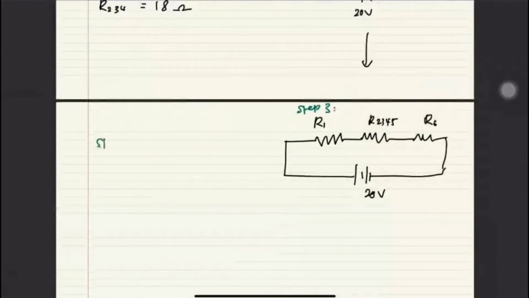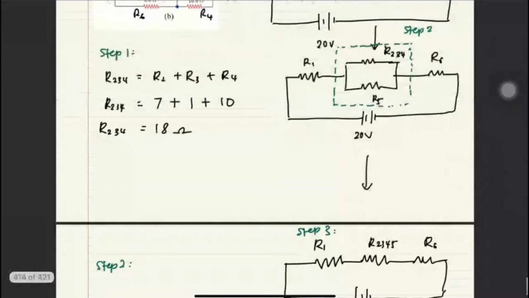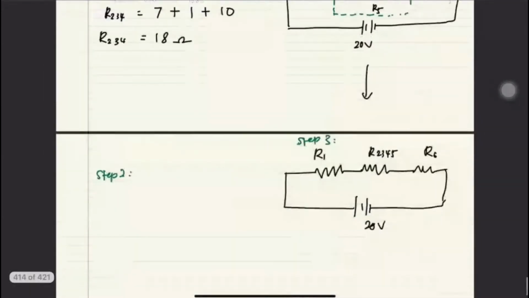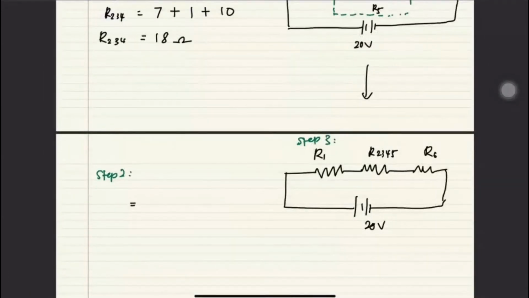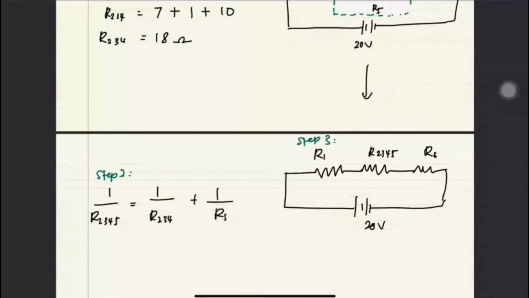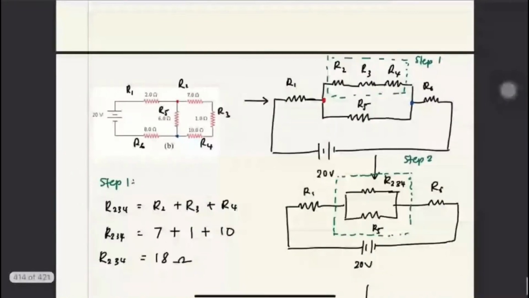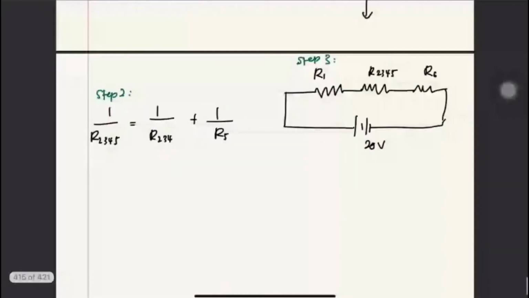So step 2, because that one is parallel ke series kalau yang R2, 3, 4 dengan R5? Parallel, sir. Parallel. So R2, 3, 4, 5, with R2, 3, 4 and R5. So parallel is 1 over. So R5 is equals to 6.